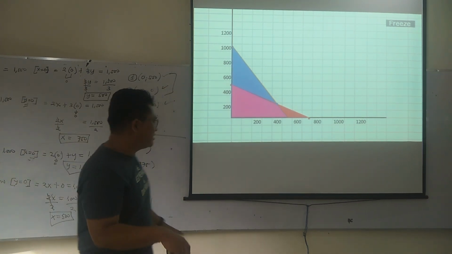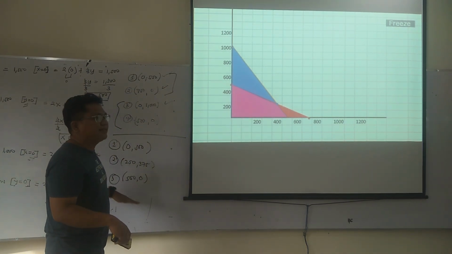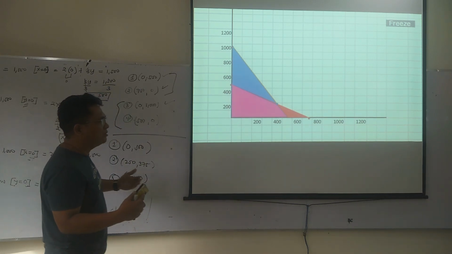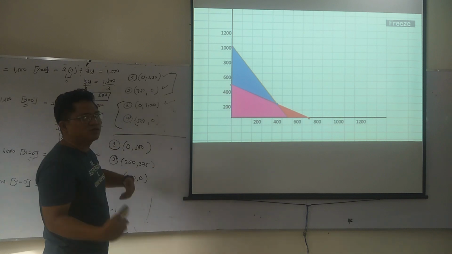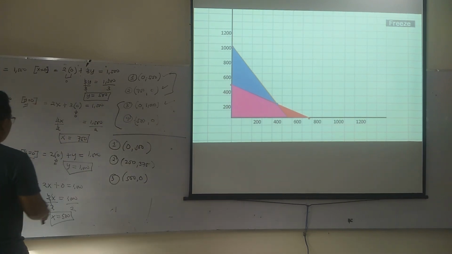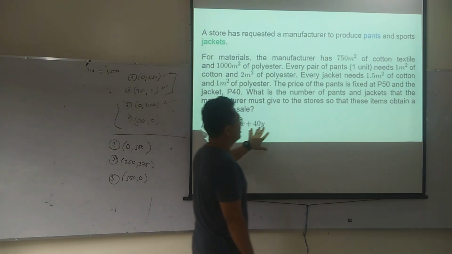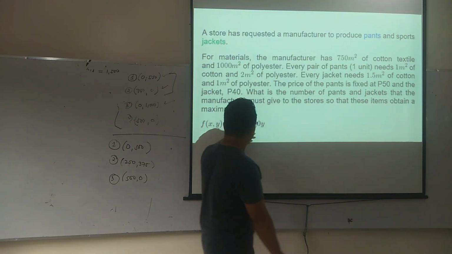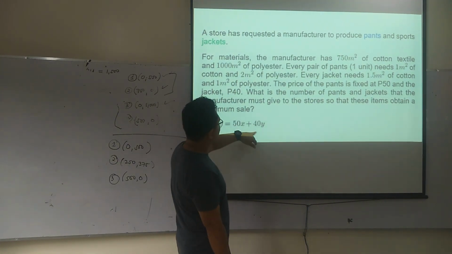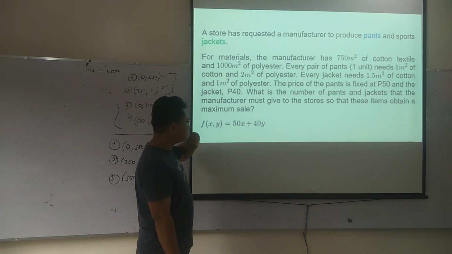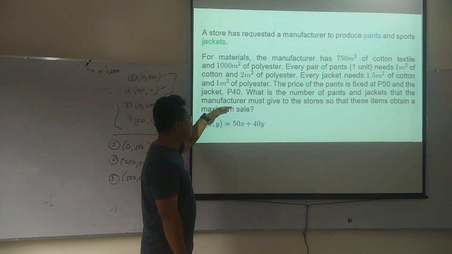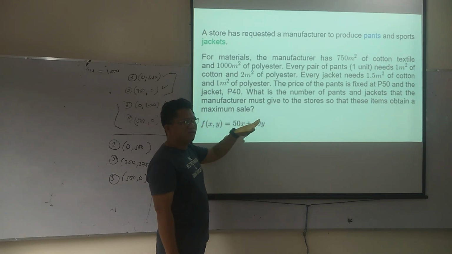Okay, let's use these values to get which combination will give you more sales, more profit. Objective function where the pants sell for 50 and the jacket sells for 40 pesos. So what is the best combination that will give you the maximum profit?